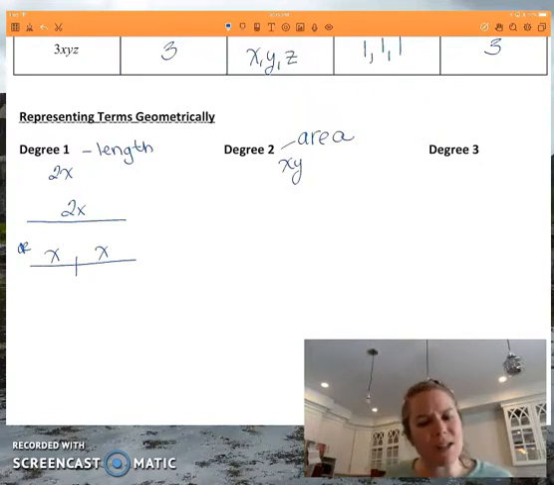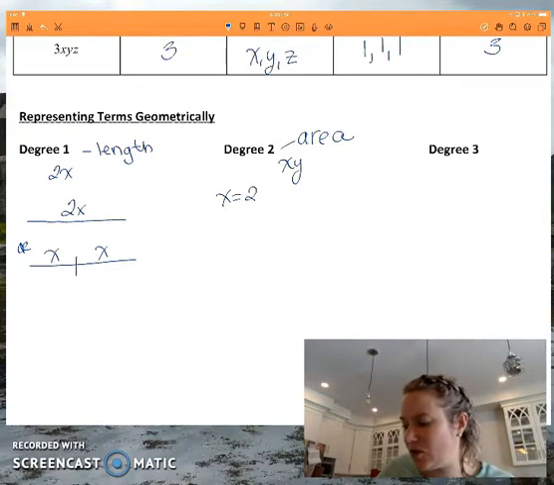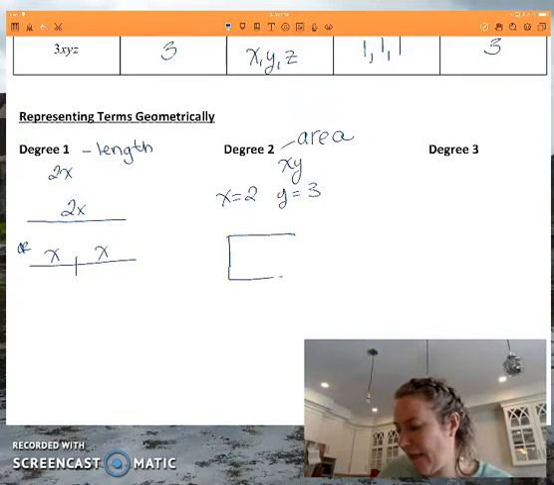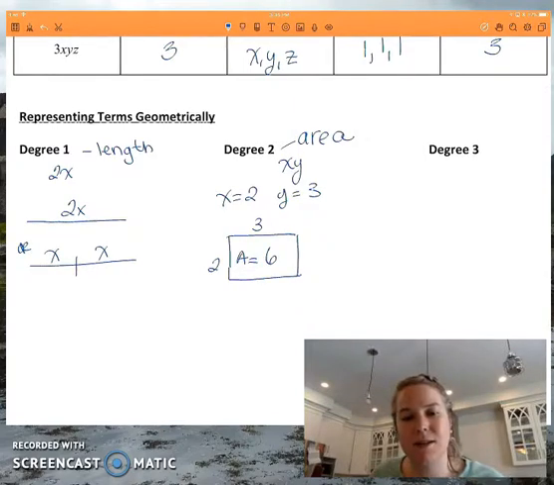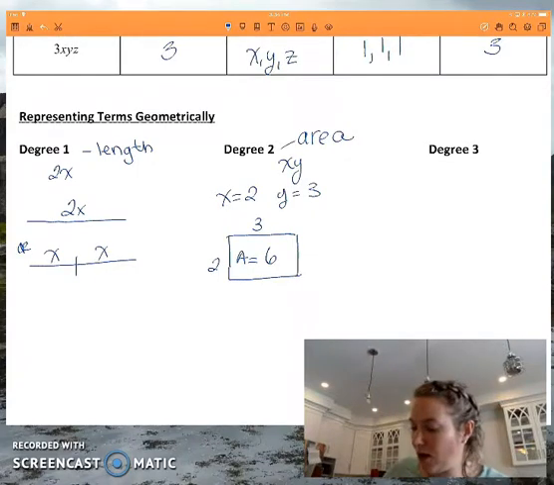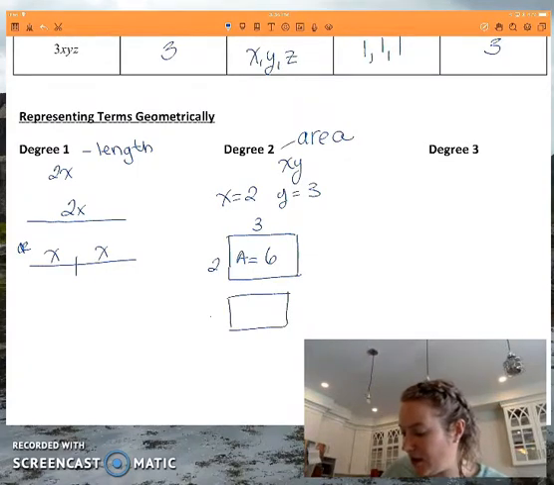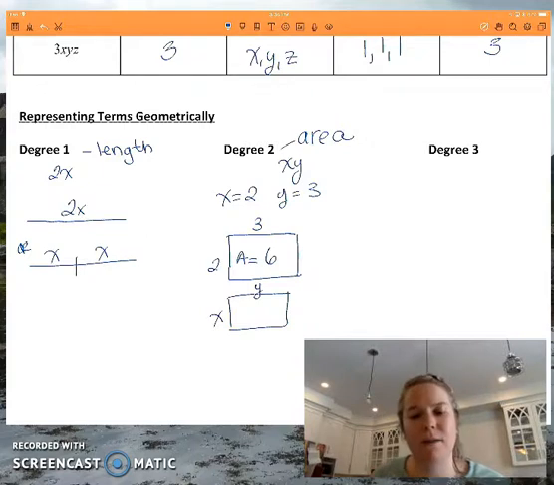Because when we multiply, so let's say if x was 2 and y was 3, I made a rectangle, and this is 2, this is 3, and the area is 6. I multiply them together. So I could say that this area is x by y, right? I'm using that area to represent that.